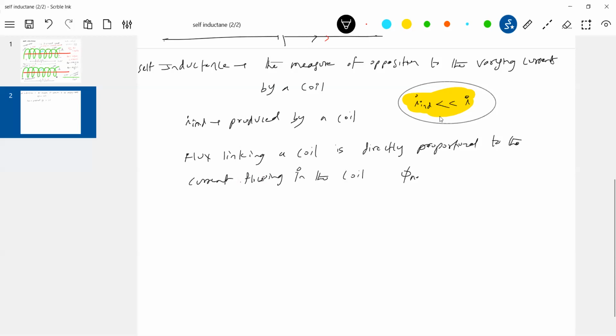To remove this proportionality, I'll bring a constant called self-inductance. The symbol for self-inductance is L.